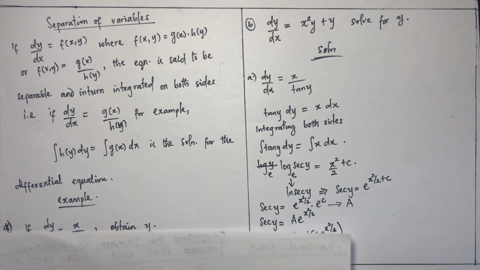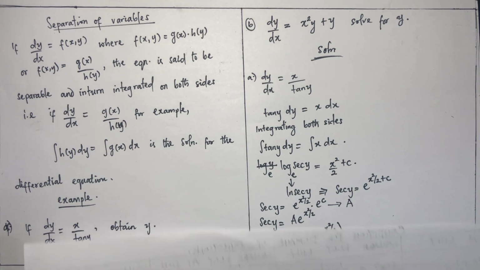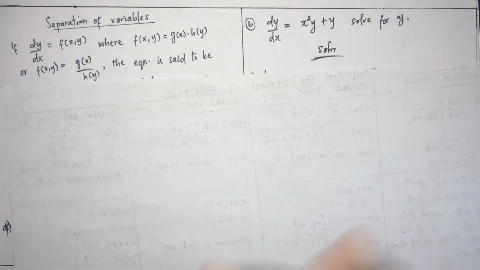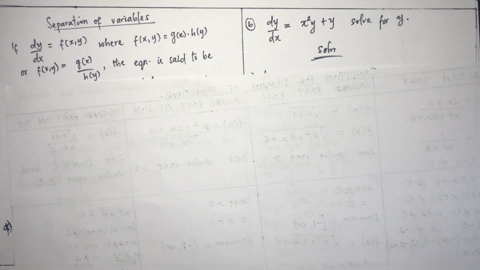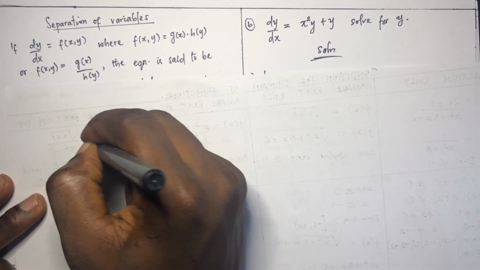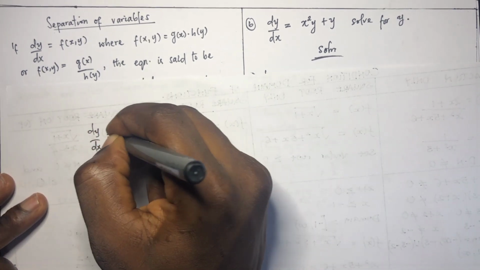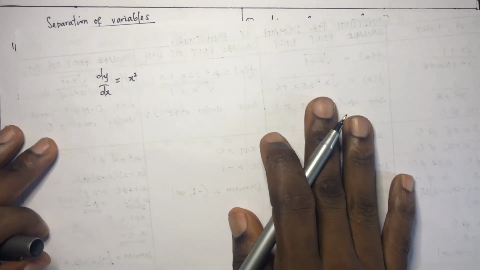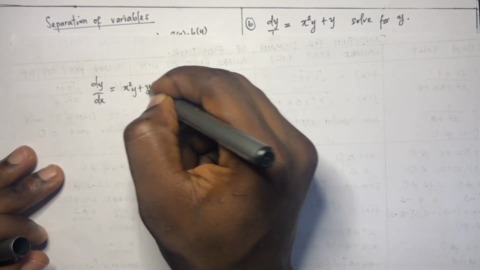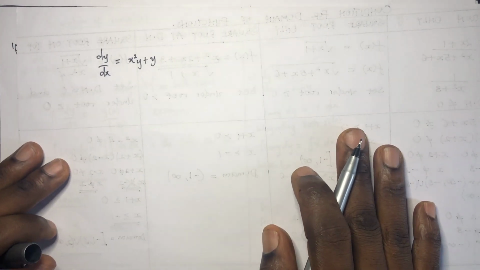Alright, the second example says dy/dx equals x squared y plus y. It says solve for y.